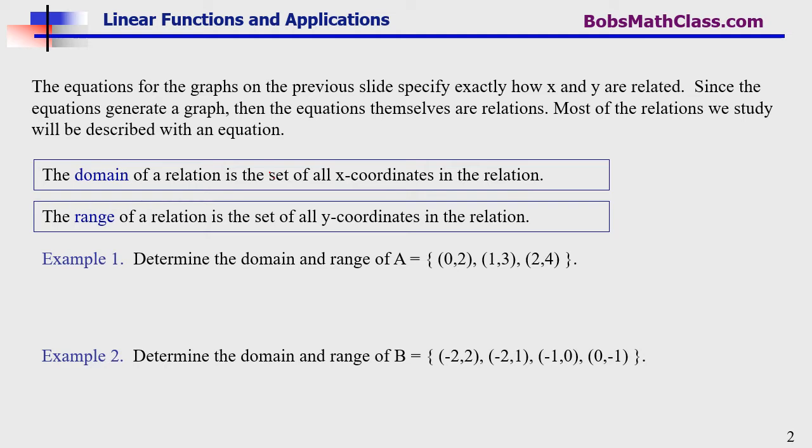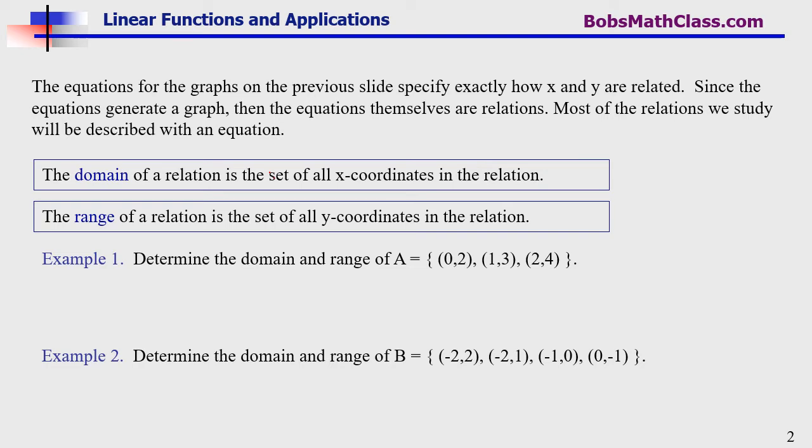They both had equations. The first one was y equals x plus 1, and the second one was x equals y squared. So those are how x and y are related. Since the equations generate a graph, then the equations themselves are relations. Most of the relations that we study will be described with an equation.